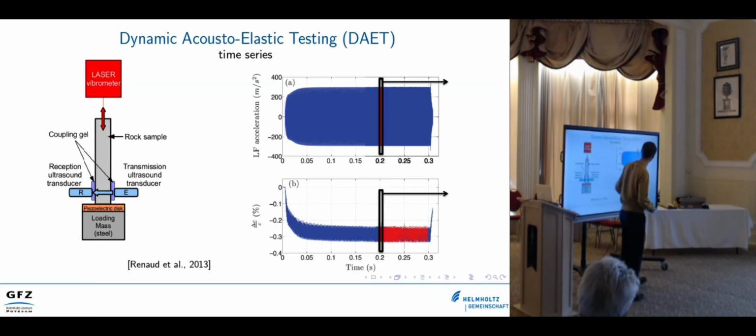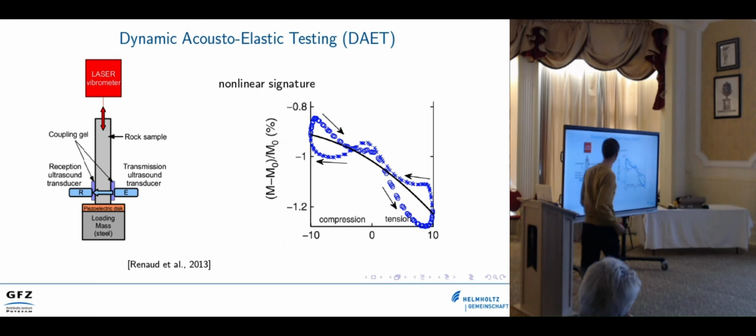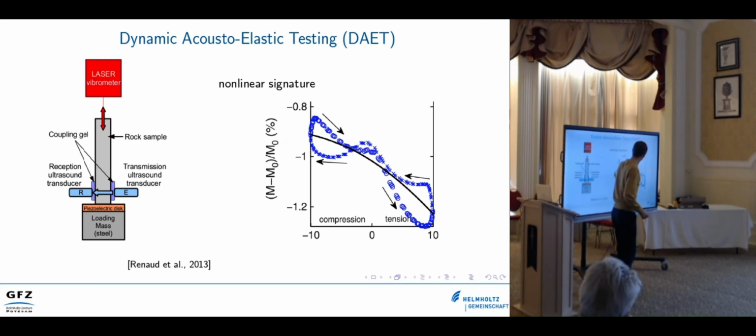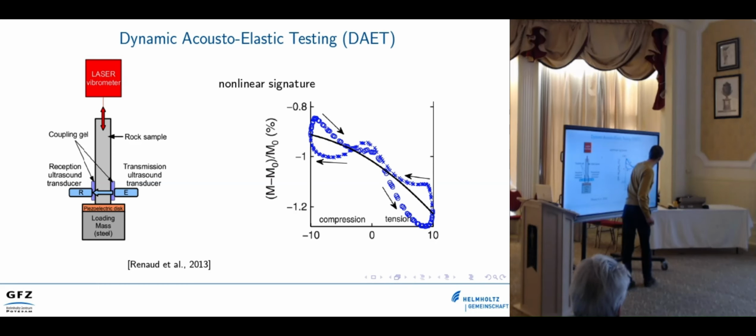But the interesting thing here is what actually happens in the steady state oscillation. That's shown here, the modulus as a function of the compression-tension cycle. We see a decrease of the modulus when the tension is increasing, and then it increases when there's compression.